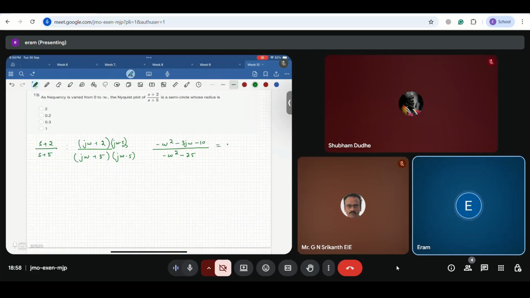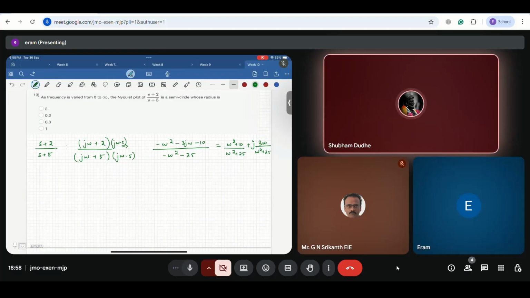So all the minus will cancel out. So it is (ω² + 10)/(ω² + 25) plus j 3ω/(ω² + 25). And in the denominator, it will be only ω² minus 25.